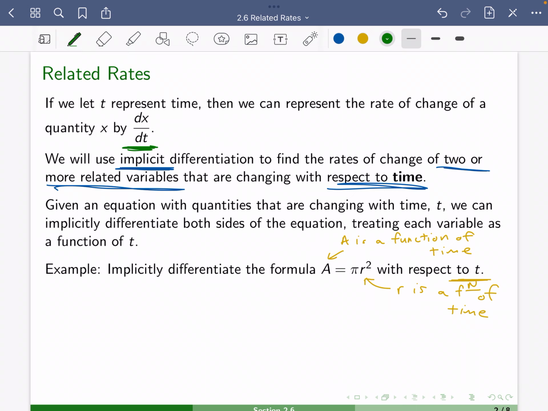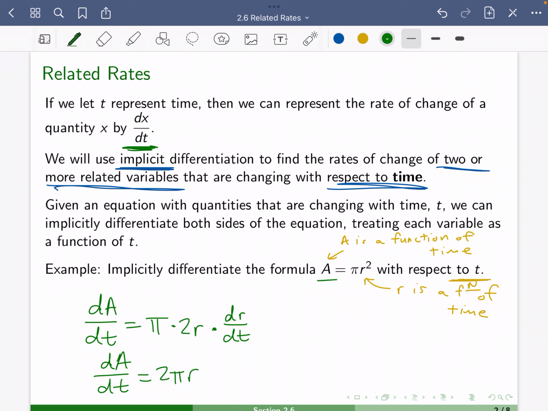So on the left-hand side, the derivative of that side is dA/dt. The right-hand side, our derivative is pi. The derivative of r squared is 2r, but we are going to pick up a dr/dt. So the rate of change in the area is 2 pi times the current radius times the rate at which that radius is changing.